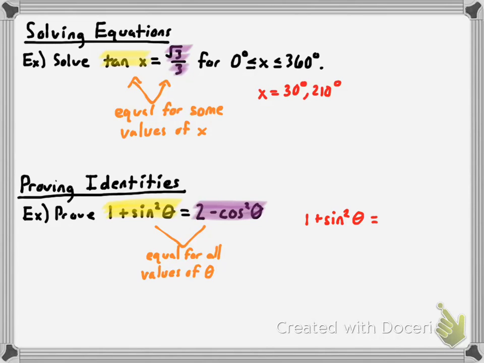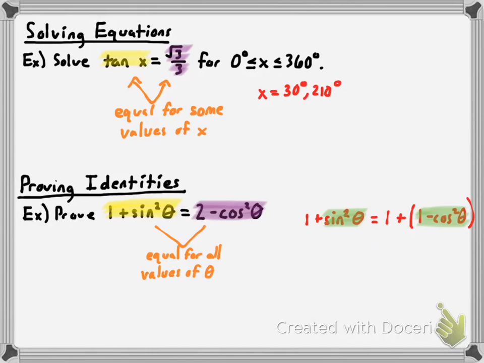So we need to think about, is there any relationship we know between the two? And we know an identity, right? Sine squared theta plus cosine squared theta equals 1. I'm going to use a variation of that. I'm going to replace sine squared theta with 1 minus cosine squared theta. Alright, so those two expressions that I highlighted are equal to one another.